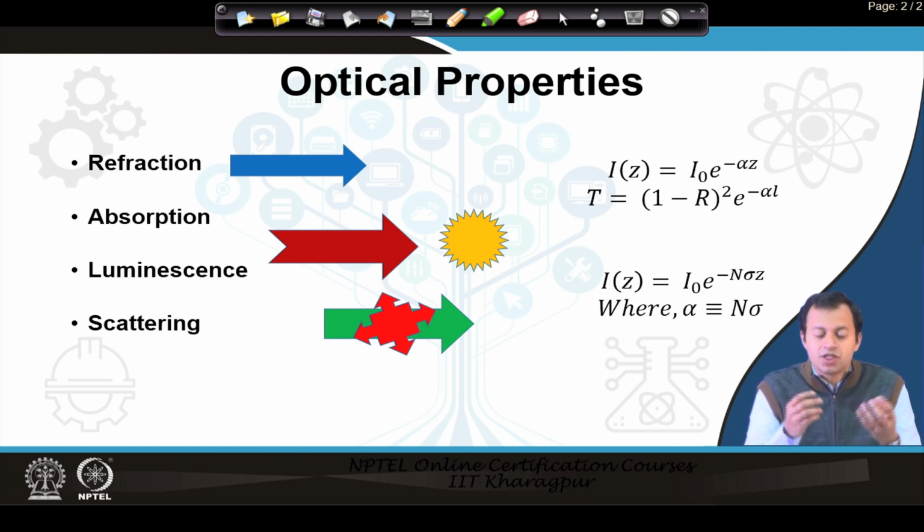If they are randomly distributed, if they have different cross sections, then obviously this formula becomes much more complicated. But you can see here alpha is equivalent to n sigma. Alpha is the propagation constant, loss of power per unit length. At the same time, that is equivalent to n sigma, the scattering parameters associated.